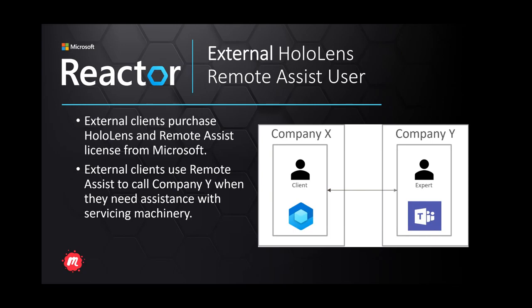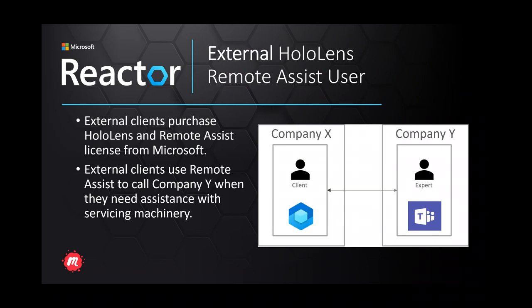I've seen customers where company X has MDM turned on and is managing devices, and they have a policy that you can't access certain credentials unless you're logged on to a device that's being managed by them.